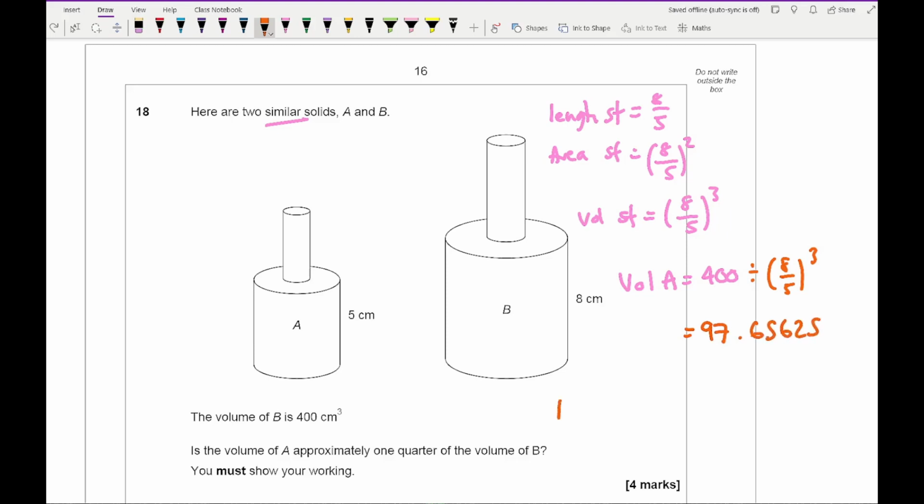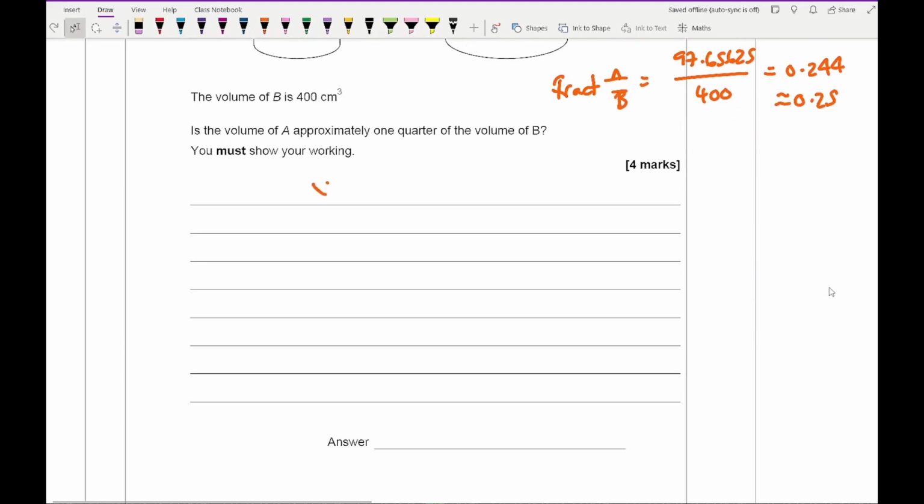So then the fraction A over B is going to be 97.65625 over 400, and we want to compare this to a quarter, to see whether it's approximately a quarter. So if I divide that by 400, it gives me an answer of 0.244, which I would say is approximately 0.25. So the answer then is yes.